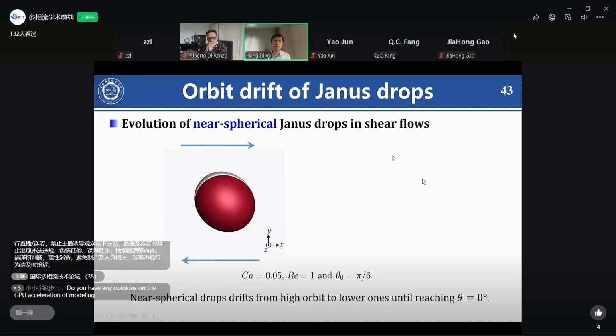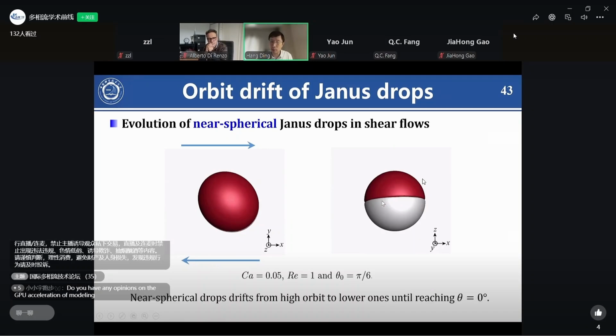Another case is the evolution of a near-spherical Janus droplet in shear flow. It will deform, it will migrate. From these views it's hard to see the change of the interface movement, so we look in another way.